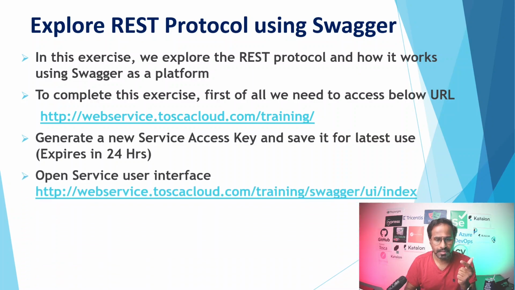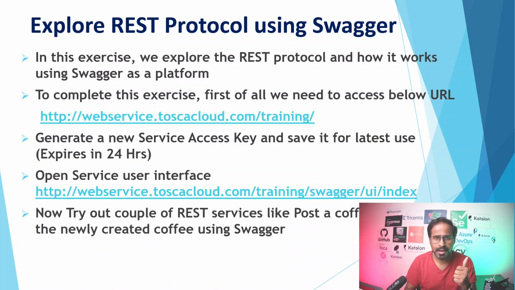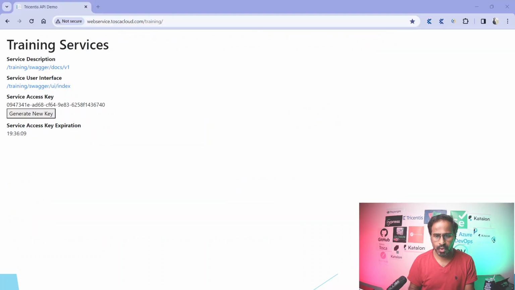And then open the service user interface with the URL that is displayed on screen, and then we are going to try out a couple of REST services like posting a coffee or getting the newly created coffee by using Swagger. So let us just open our Chrome.